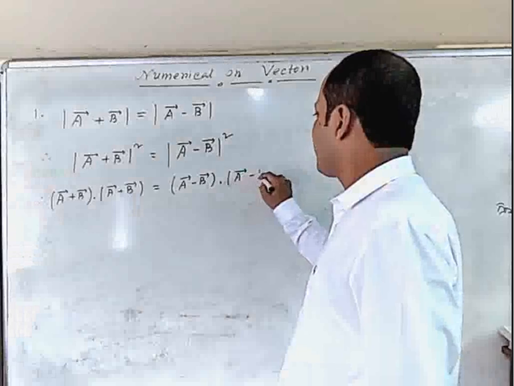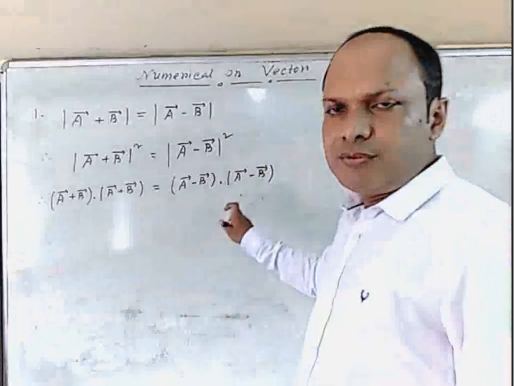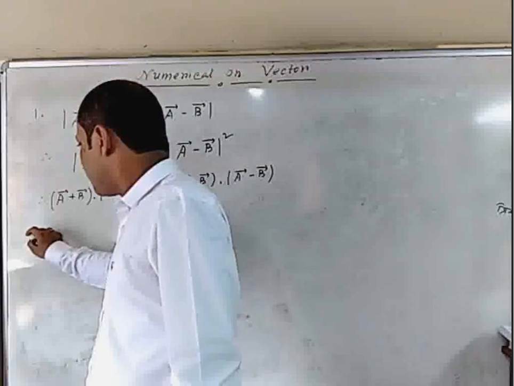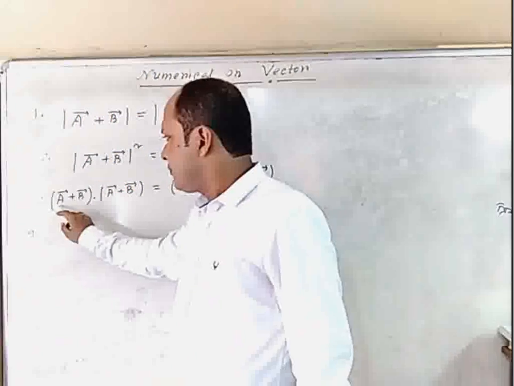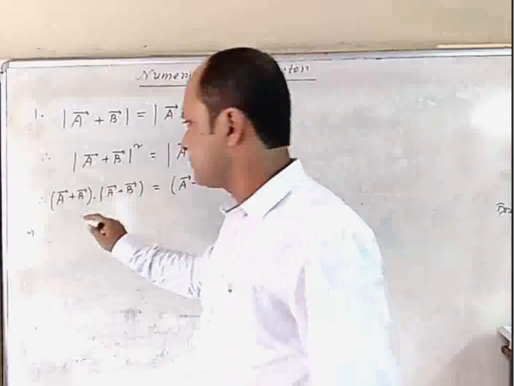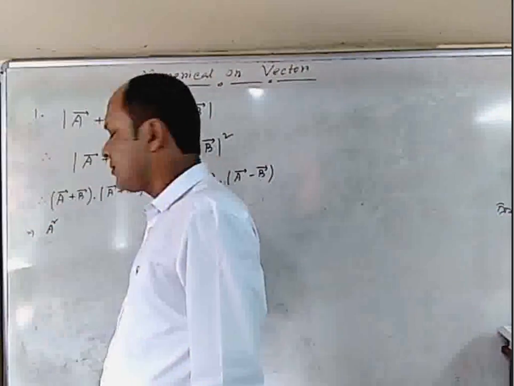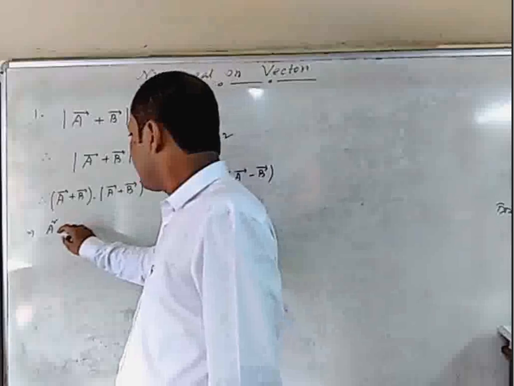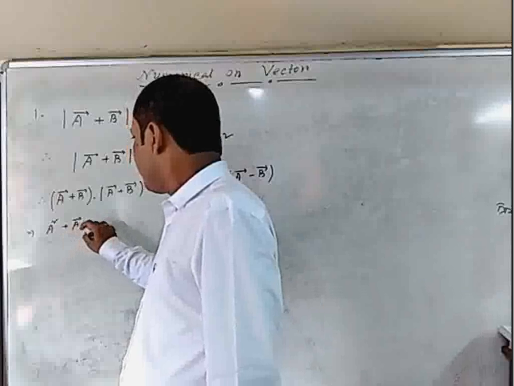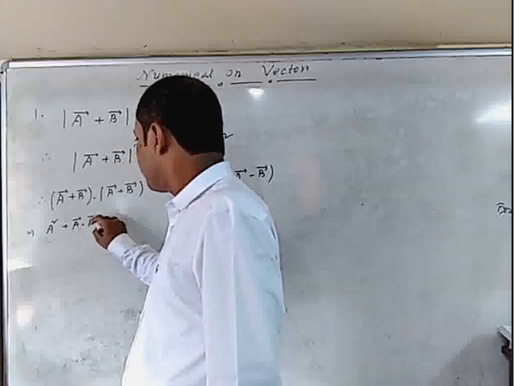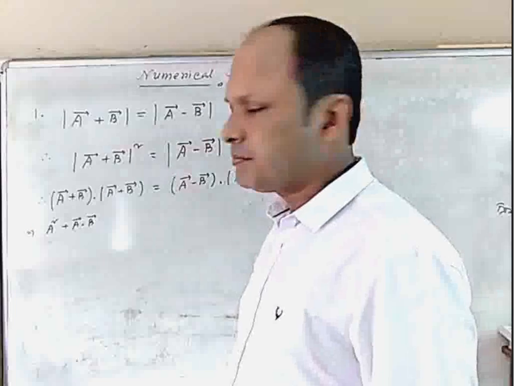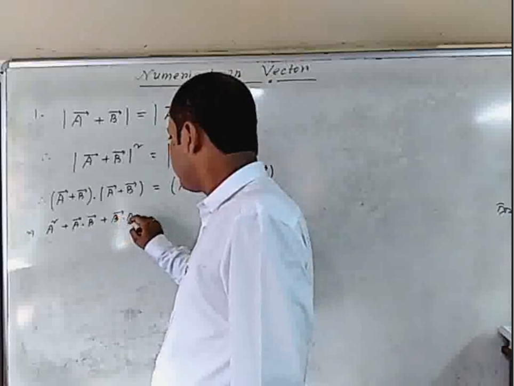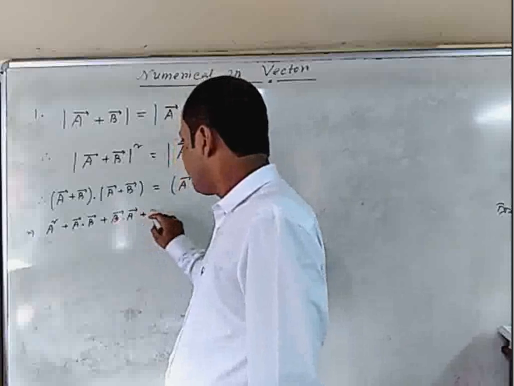If there is a square, you can write it that way: vector A dot vector A, that is A square, plus vector A dot vector B, plus vector B dot vector A, plus B square.